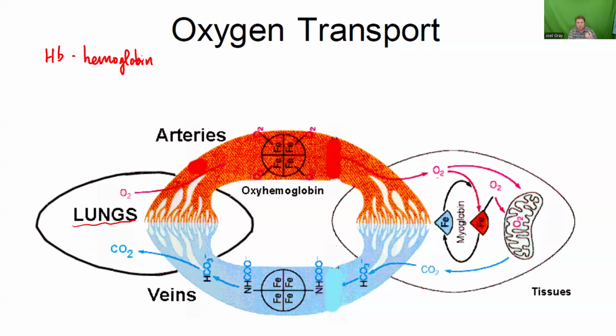Within our lungs, we have little sacs known as alveoli. Those alveoli have a membrane that lets oxygen through. And that's how oxygen in our lungs gets into our bloodstream through our alveoli.